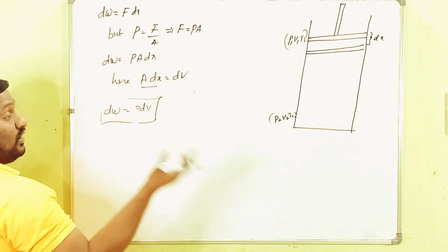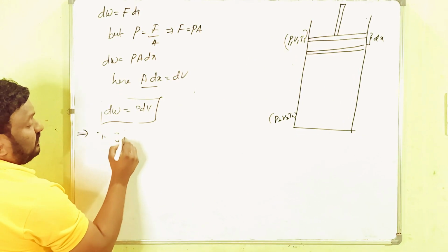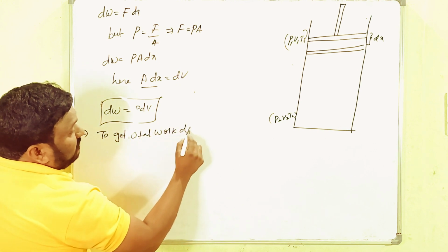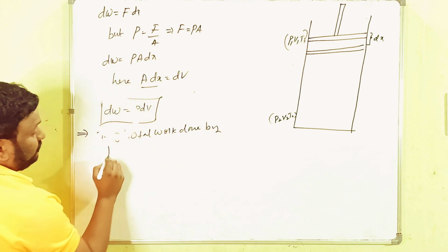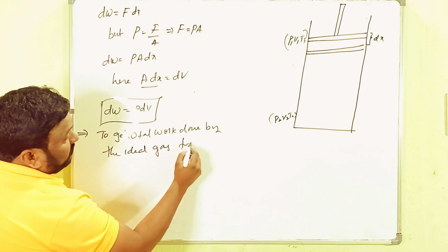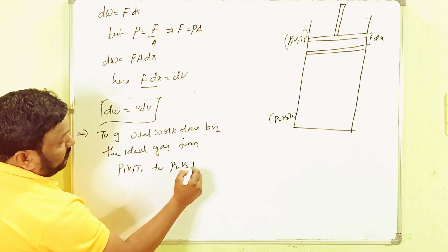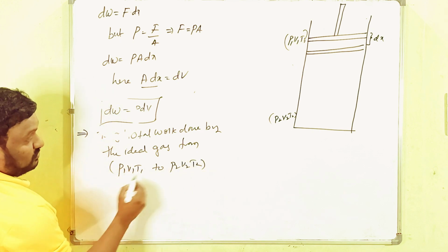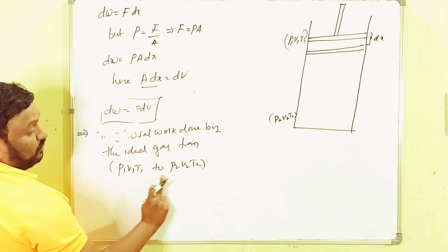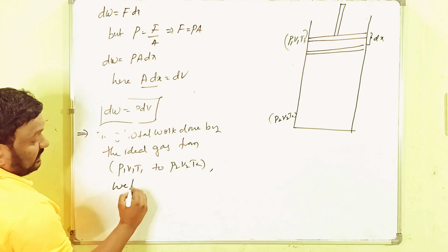Then there is some work done by the gas that should be given like this. To get the total work done by the ideal gas from P1, V1, T1 to P2, V2, T2, we have to integrate the above equation.